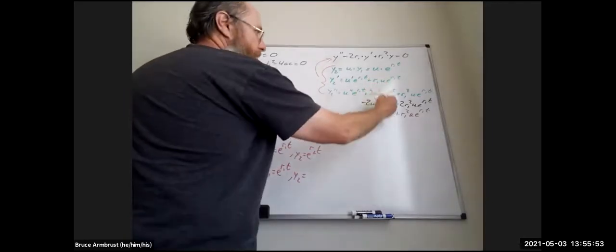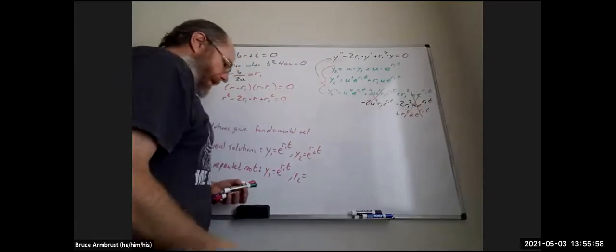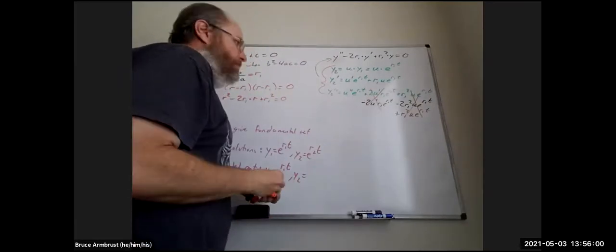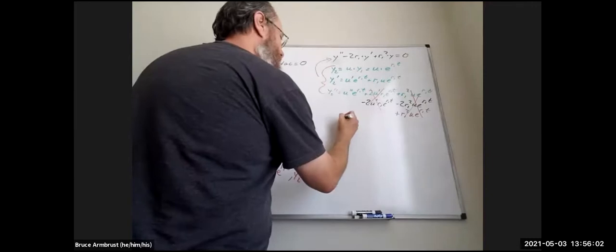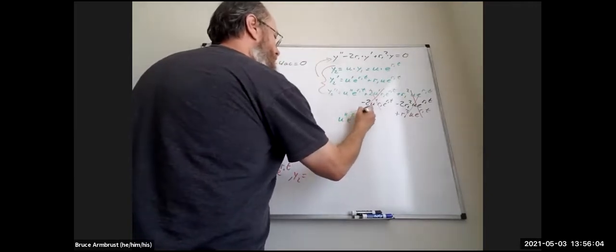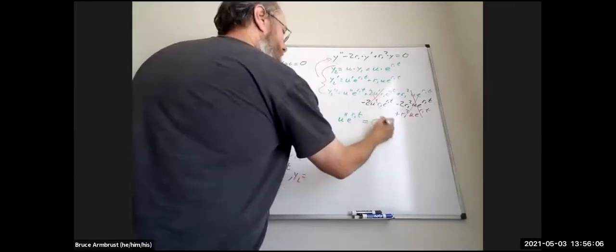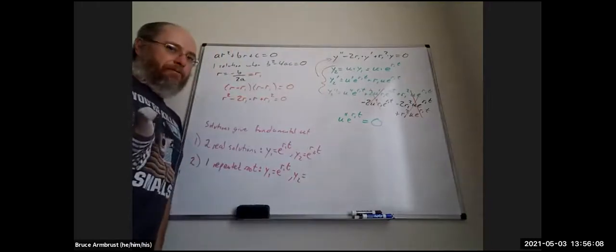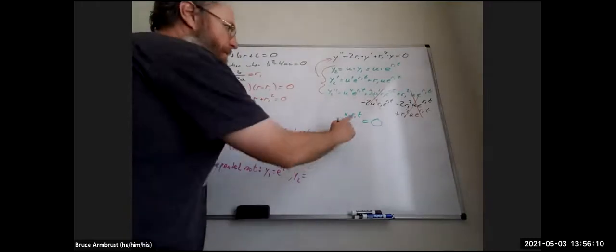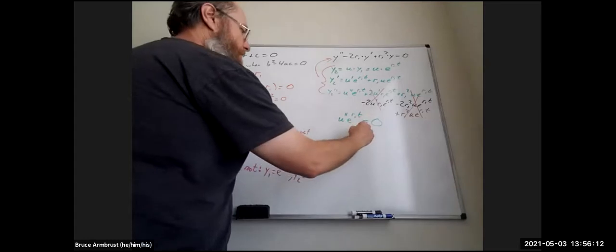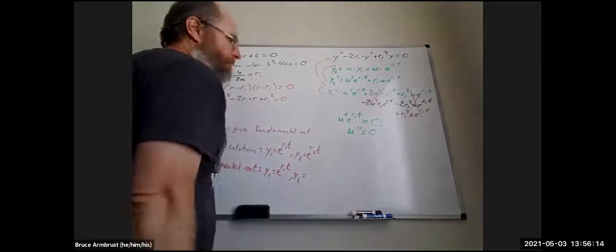All right, well, these cancel. These cancel. And all I'm left with is u double prime e to the r1t has to equal 0. Well, e to the r1t can't equal 0, so that means u double prime equals 0.